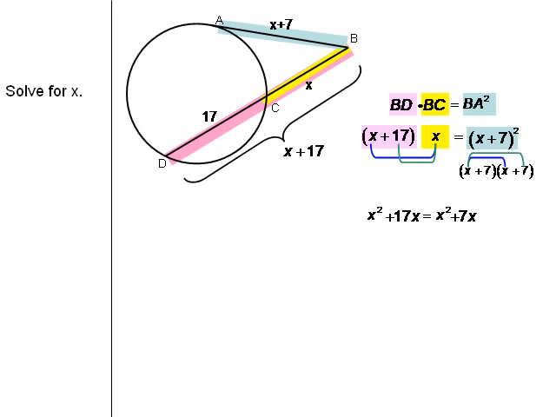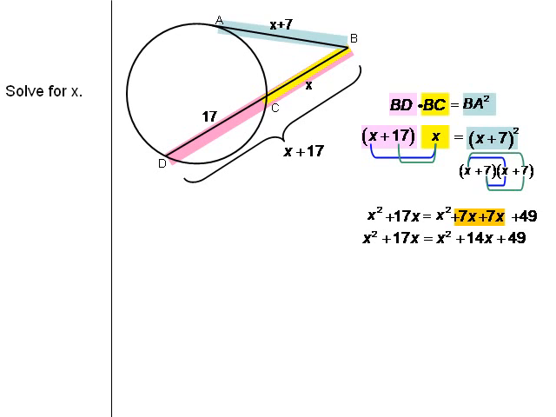Outers, x times 7 is 7x. Inners, 7 times x is 7x. And last, 7 times 7 is 49. We now clean up the right-hand side and combine like terms. Our 7x and 7x are like terms, and that gets us 14x. So we have the simplified equation x squared plus 17x equals x squared plus 14x plus 49.